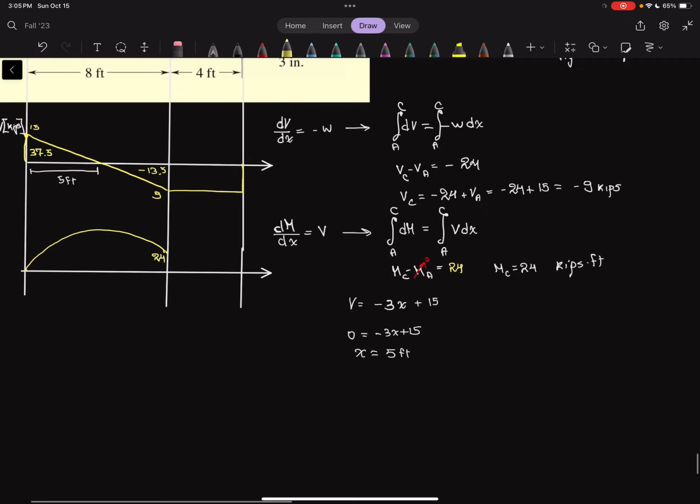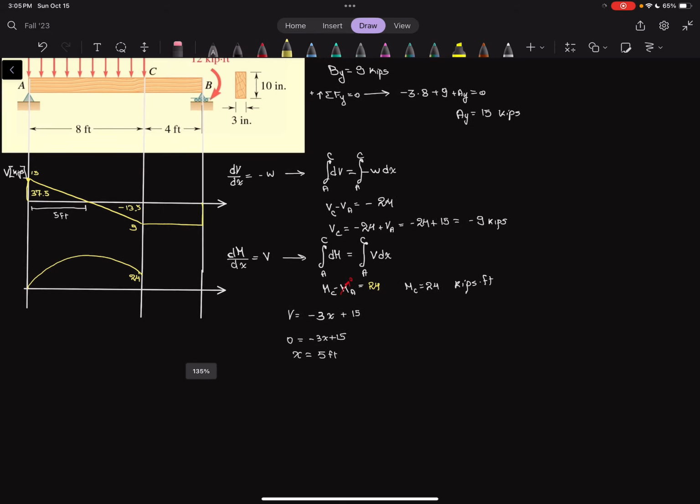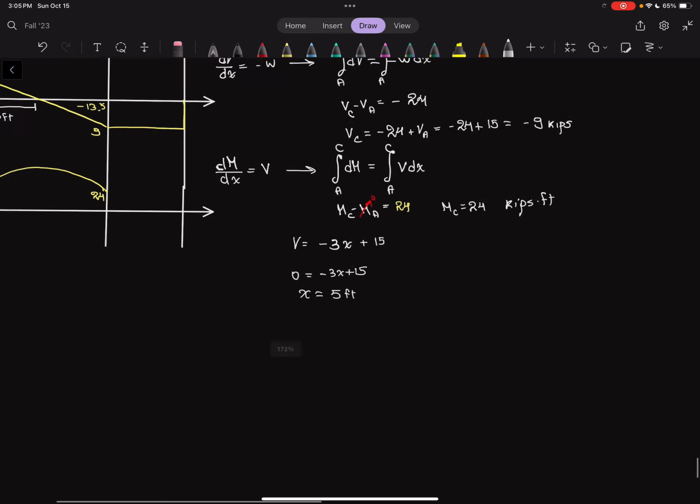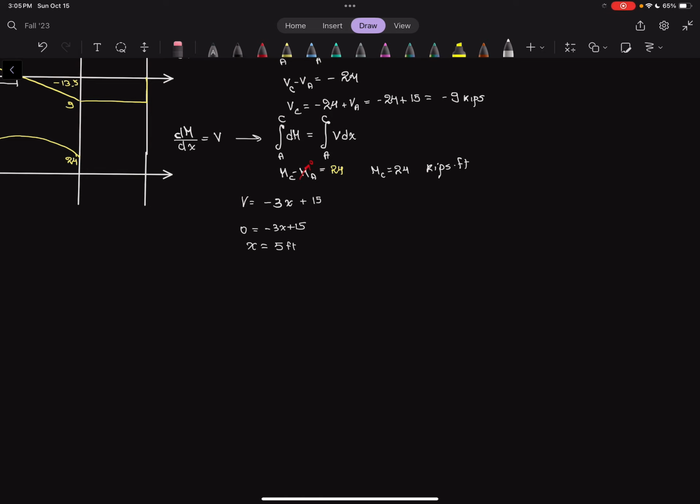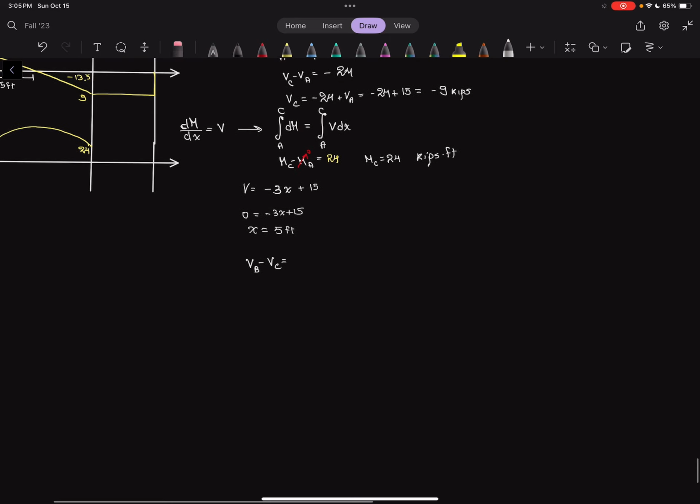So that means that for this one right here, we can actually use the same formulas as before, and we can say VB minus VC is equal to the area under the curve, which is 0. So VB is equal to VC, which is equal to minus 9 kips.